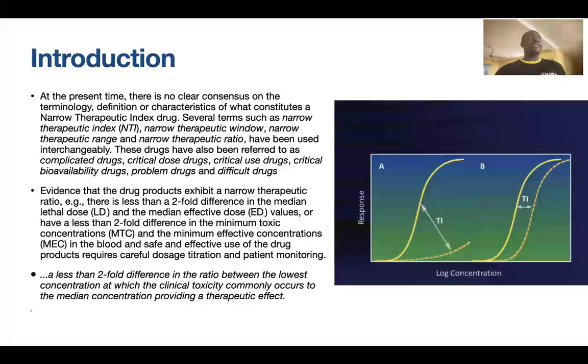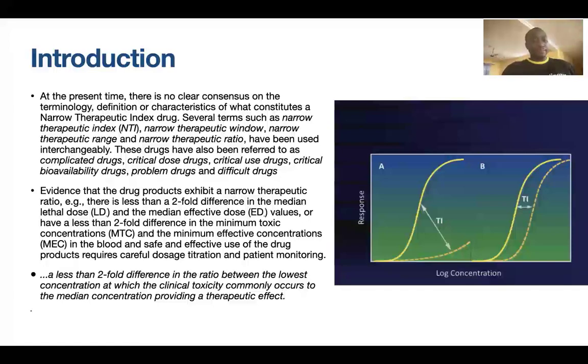But the idea is that there should be central loci around which all of those descriptions will revolve, and we can find that by using one of the definitions from the FDA.